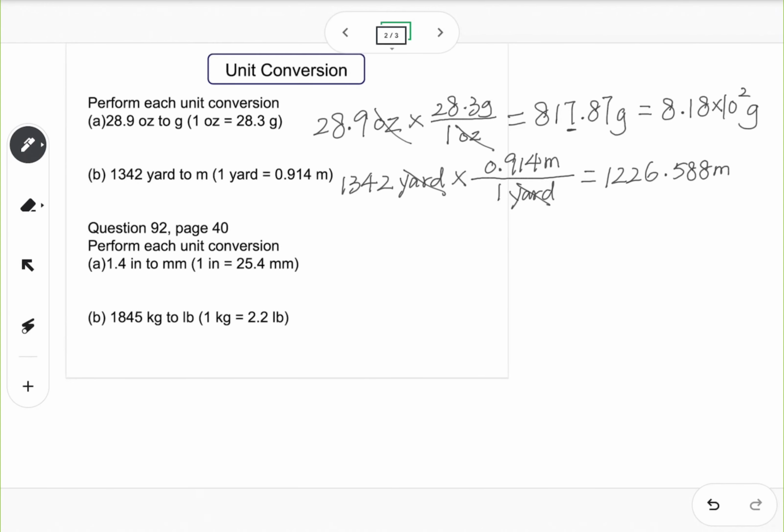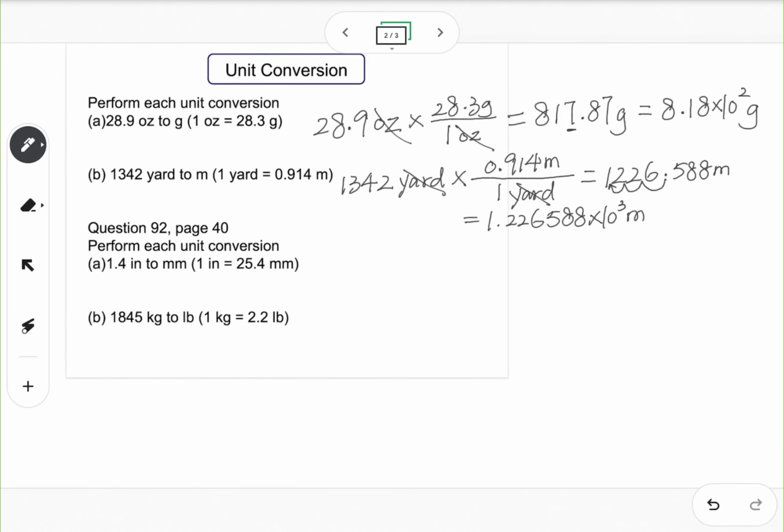And let's come up with the significant figures. Let's use the scientific notation so you can keep the right significant figures. You move the decimal point to your left 3 times. That will give us 1.22658 times 10 to the third meter.